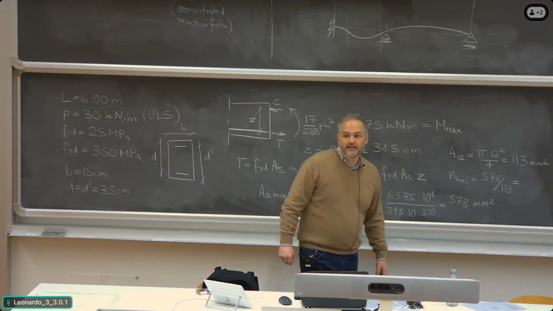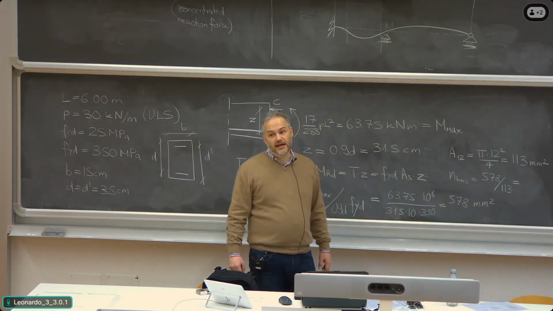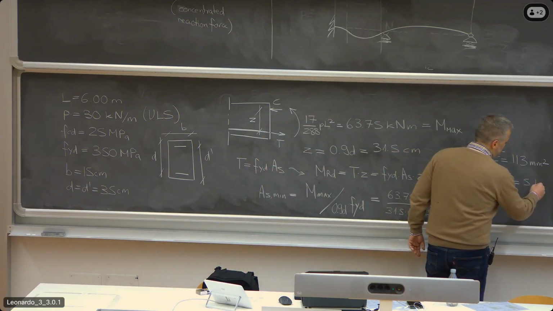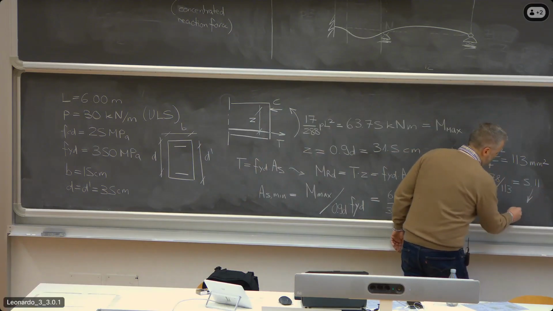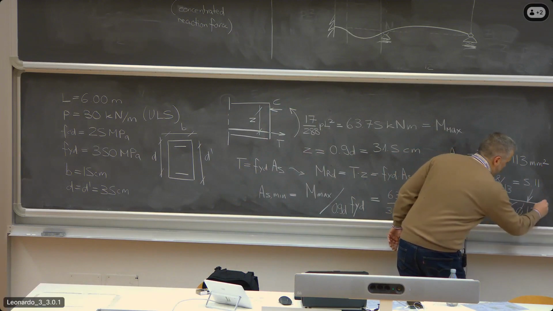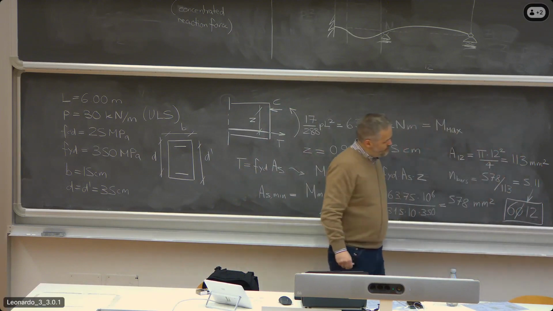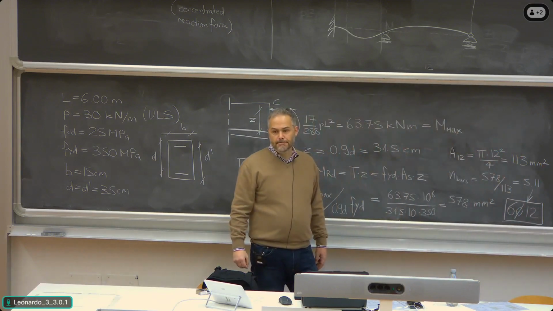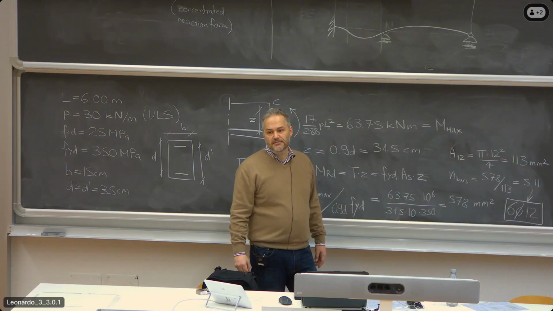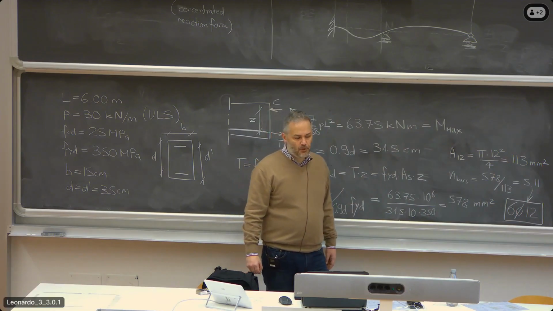Clearly, the higher the number of rebars, the higher is the bending moment. So to be on the safe side, this will be 5.11 rounded up to 6 phi 12. Okay? This indication means I need 6 12 millimeter rebars. Okay?